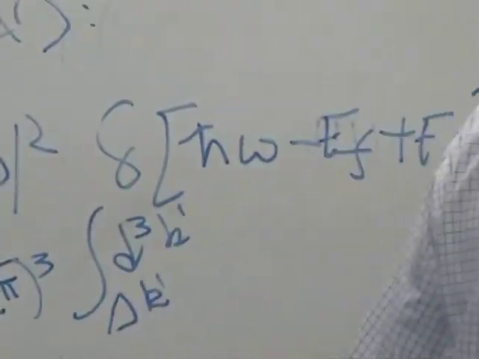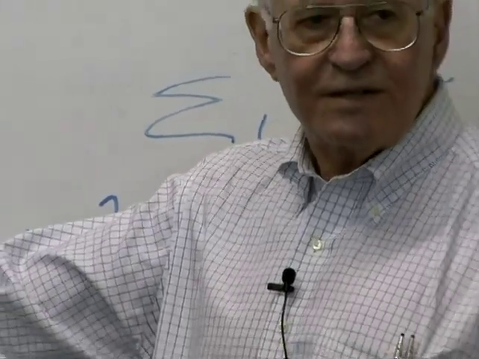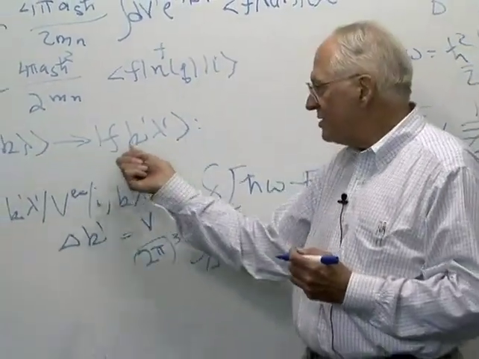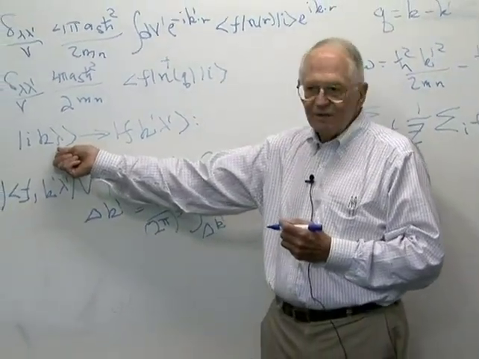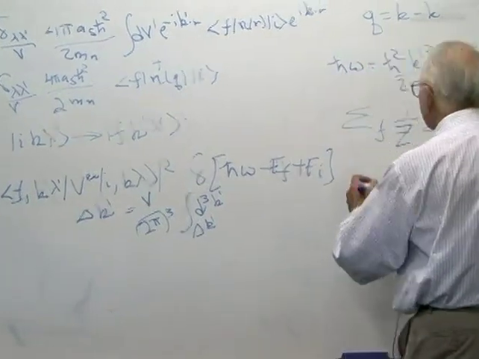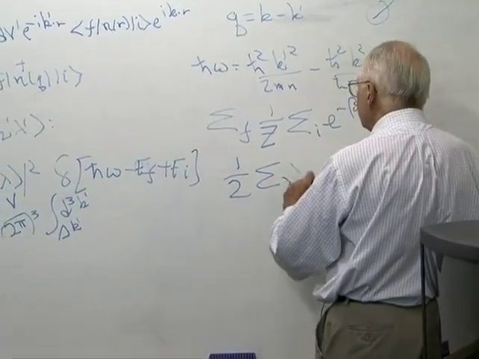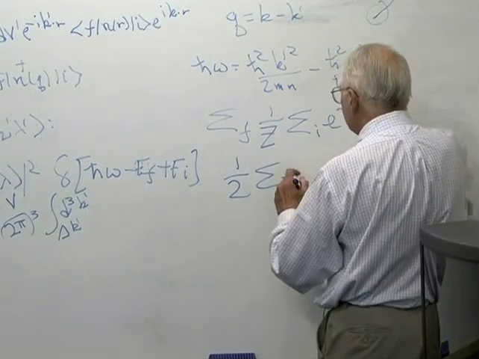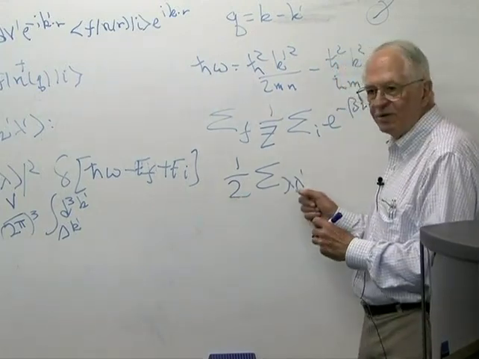And finally, I'm going to assume we sum over all the final neutron states, and we average over the initial neutron states. So I get a sum over lambda prime, and I get a factor of 1/2 sum over lambda from the averaging. So there's an extra factor 1/2 sum on lambda and lambda prime, from the averaging and the sum over the final neutron states.